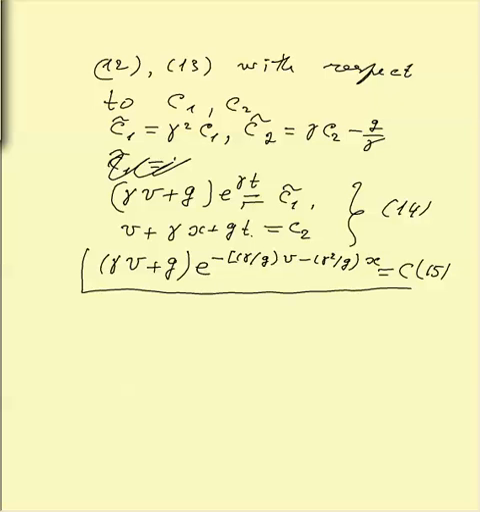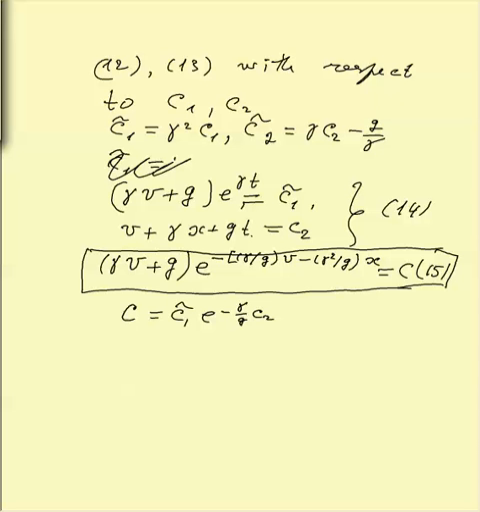So this is our conservation law. Here we introduced a new constant c equals c1 tilde exponent minus gamma over g c2. Quite a complicated expression for c, but it comes from calculations which we don't put here.